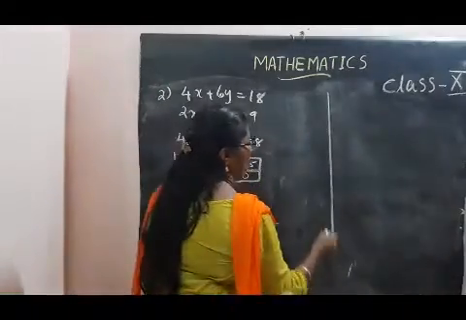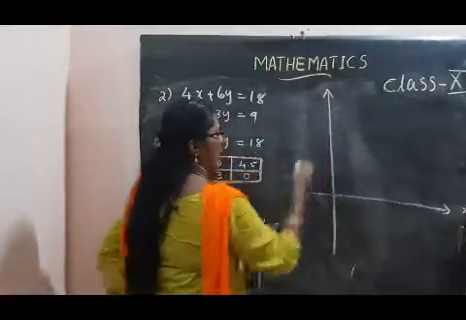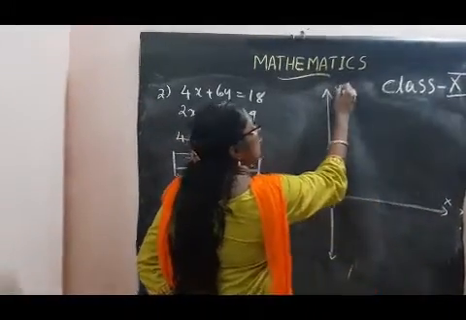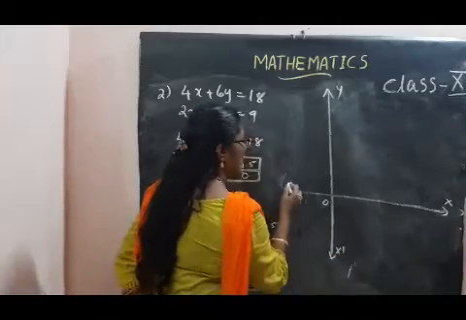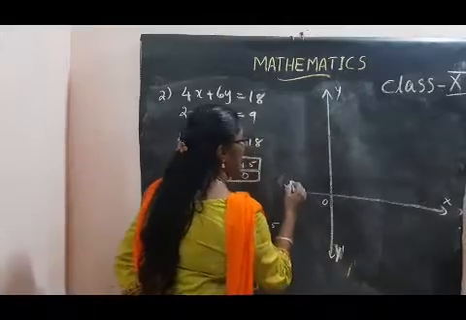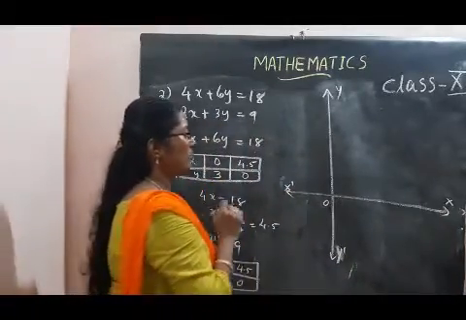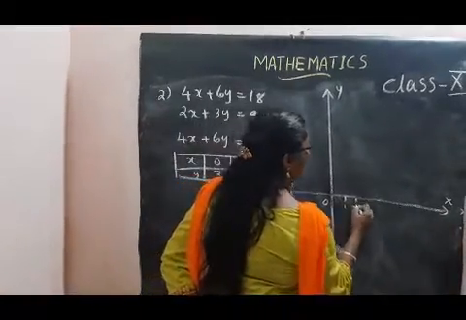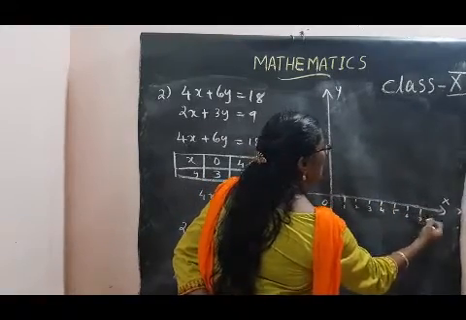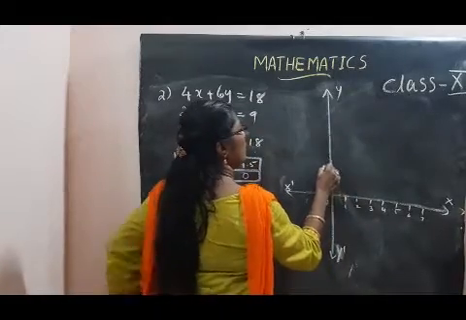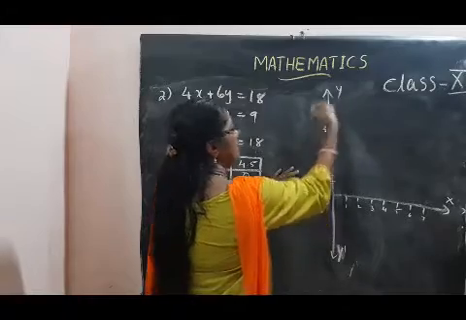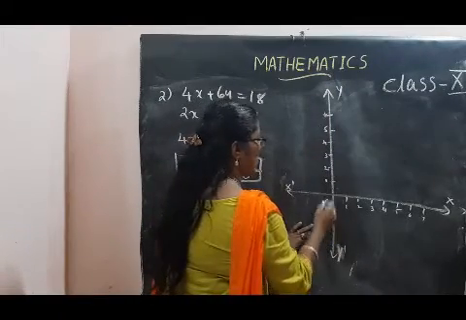Okay, when we plot this on a graph sheet, we take the x coordinate and y coordinate, x dash and y dash. Marking 1, 2, 3, 4, 5, 6, 7 and minus 1, minus 2 along the axes.